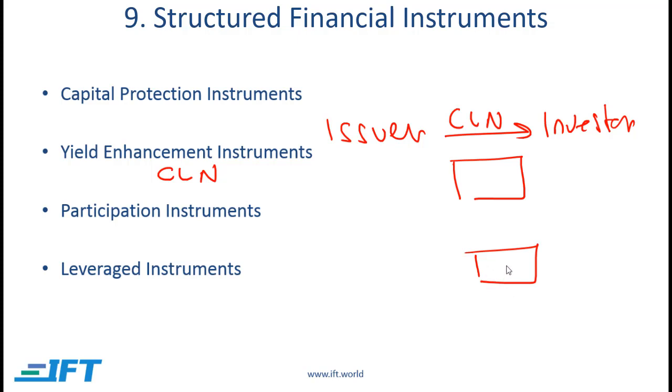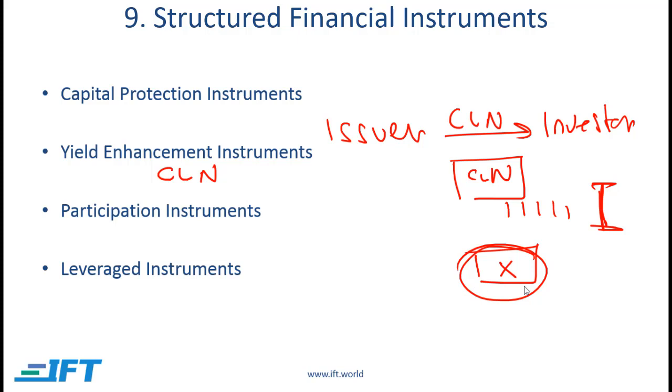This underlying asset is called a reference asset. Now, this credit-linked note is like a bond which will make regular coupon payments, and then the final par value payment will depend on whether a certain credit event has occurred.